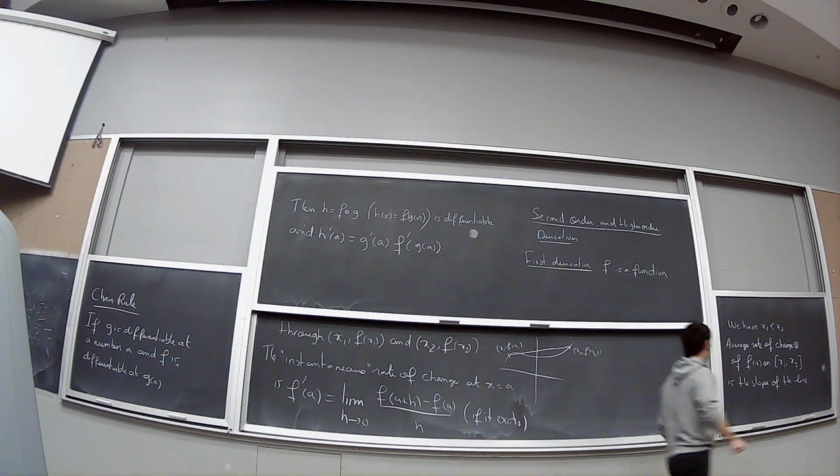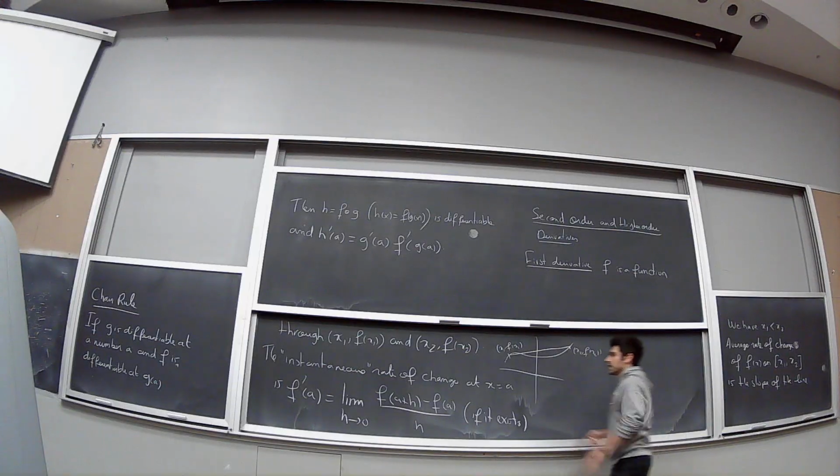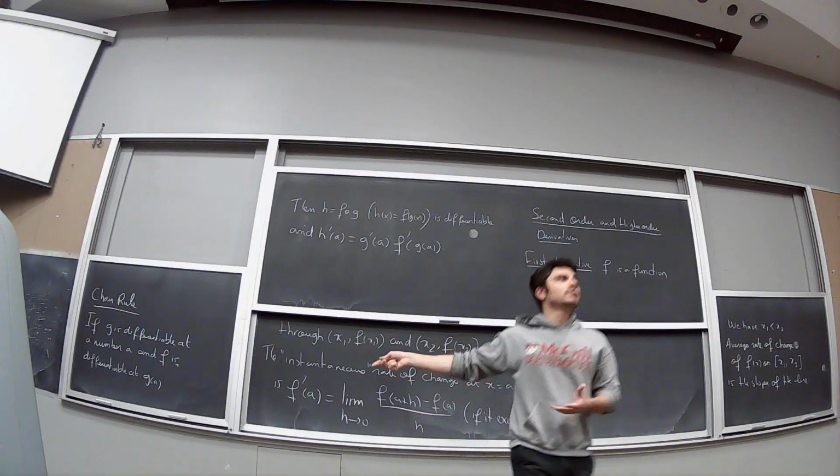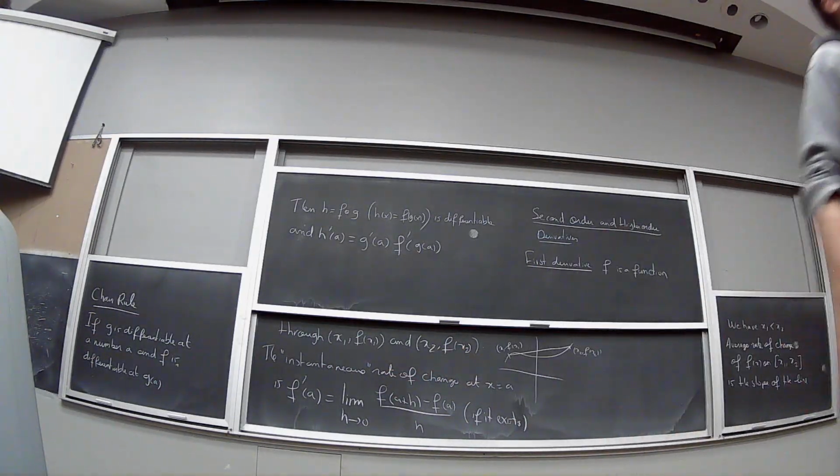Great. By defining this limit for all a where possible, I get the derivative function. Okay? That's how we got a derivative. We agree? Do you remember this?